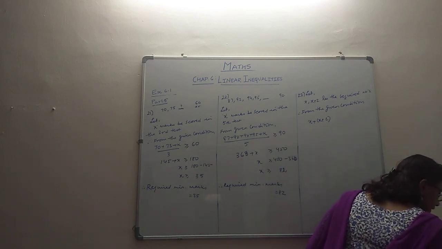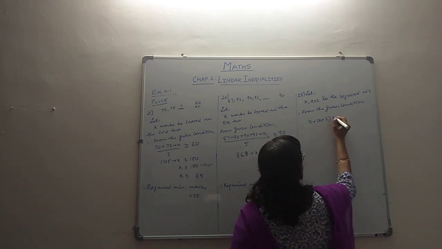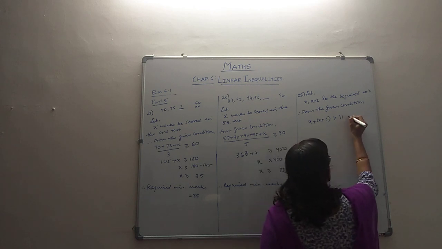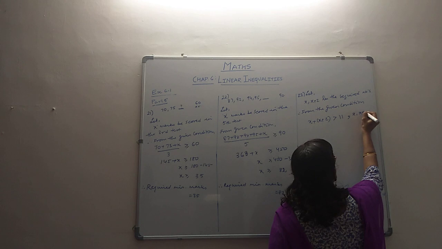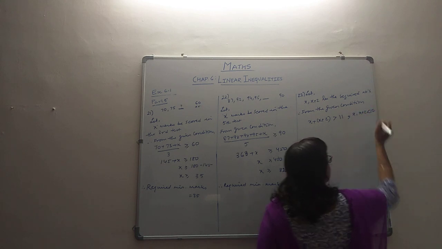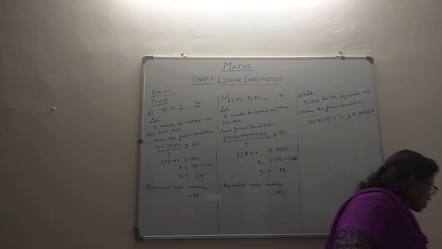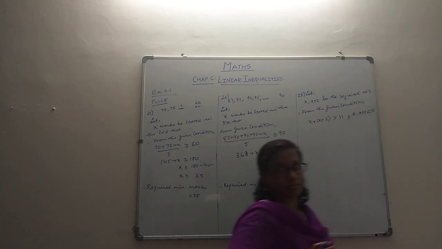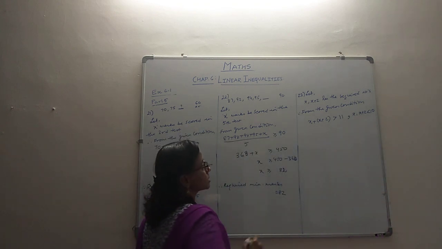Once again let me check. It is more than 11; equal to has not been mentioned. More than 11. And also another condition that they have to be less than 10. Both these numbers have to be smaller than 10, right? So both these conditions have to be satisfied.